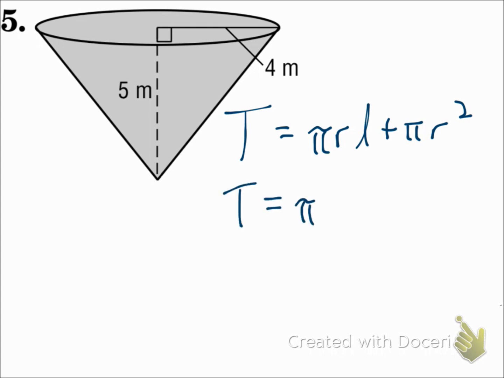Well, the radius is 4. The slant height we found a minute ago, which was the square root of 41, which remember we did the Pythagorean theorem to find.